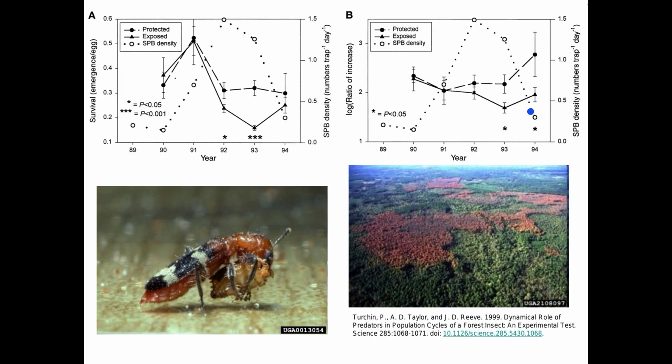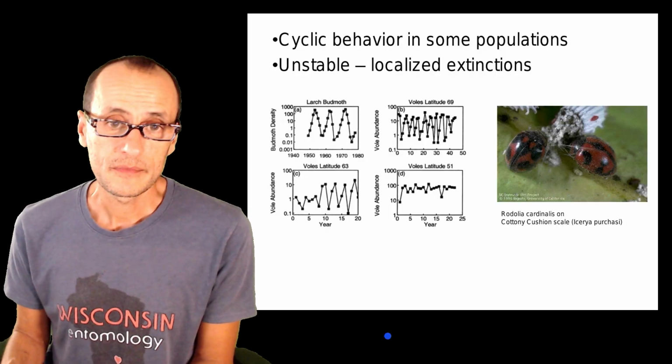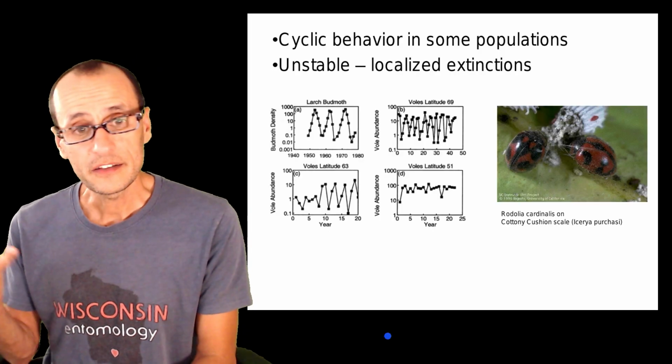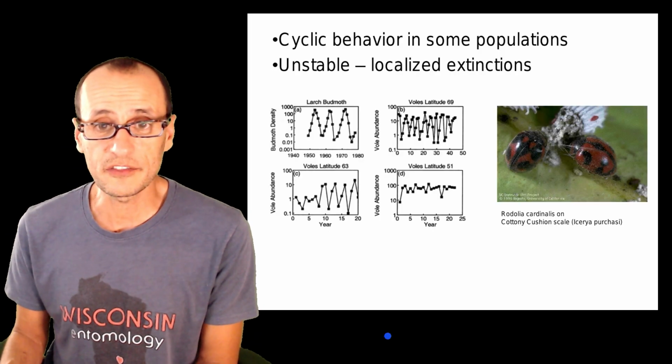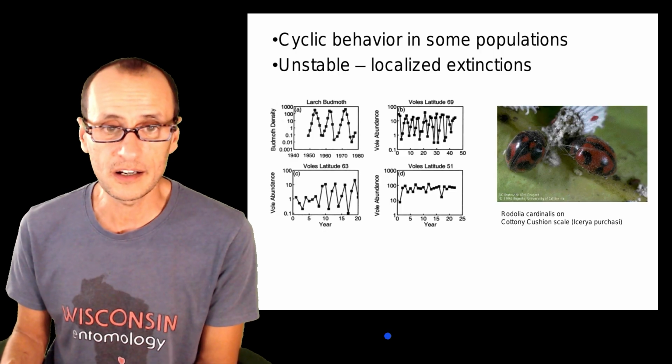Again, this leads to more evidence that perhaps this fluctuation, this up and down of the population, is due to the presence and activity of these predators that are decreasing the survivorship and decreasing the population growth rate of the bark beetles.